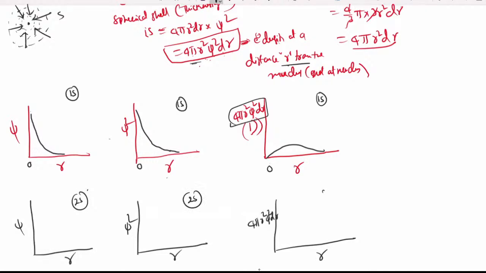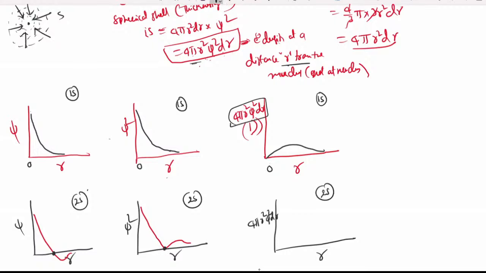Carefully observe the 2s orbital. For every s orbital, the electron density near the nucleus is very high. One node occurs. Next, for psi square, what is the difference? Yes, this is the difference.